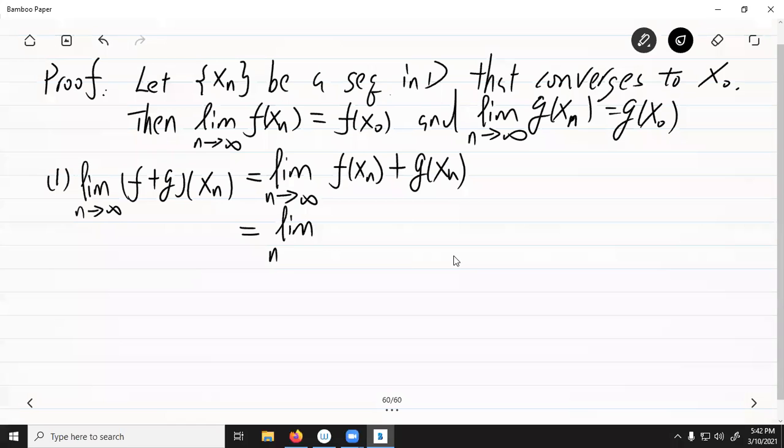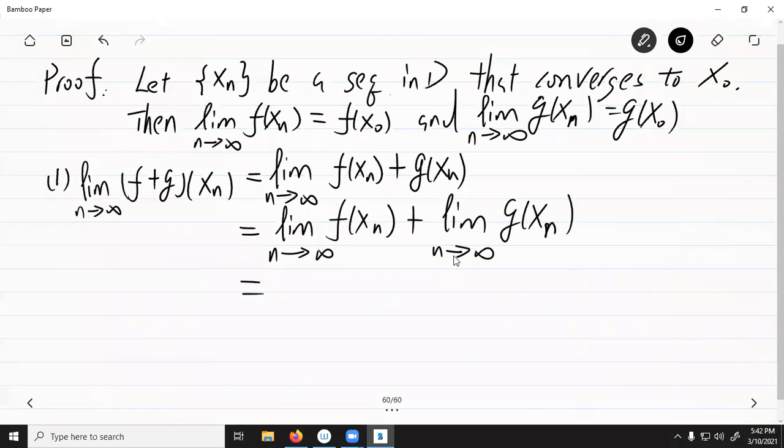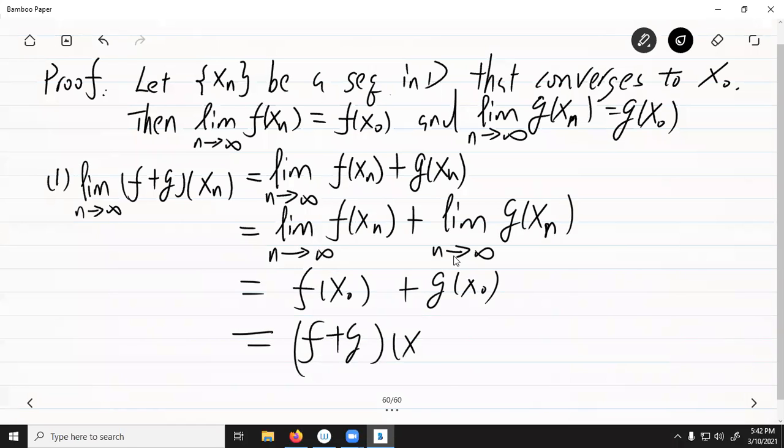This is a sequence, and this is another sequence, right? This is equal to f of x0 plus g of x0, which is f plus g of x0. So we showed that as xn approaches x0, f plus g of xn approaches f plus g of x0. So it's continuous, right? So this is the first part.